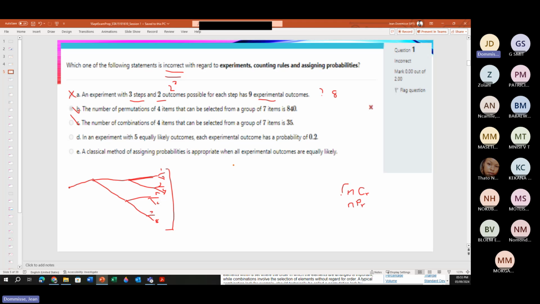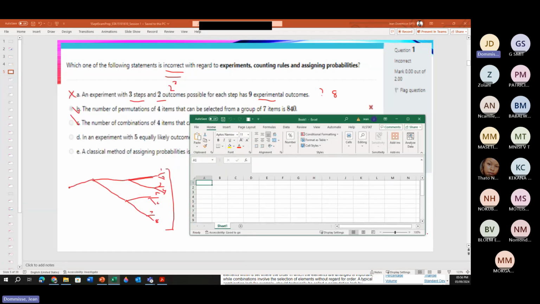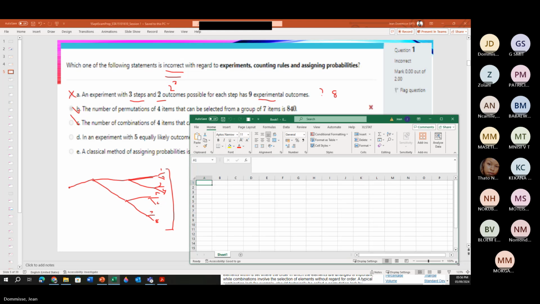On your calculators, you will also get these buttons nCr, nPr, even in Excel. And again, remember they said you can use Excel, but it needs to be clean.